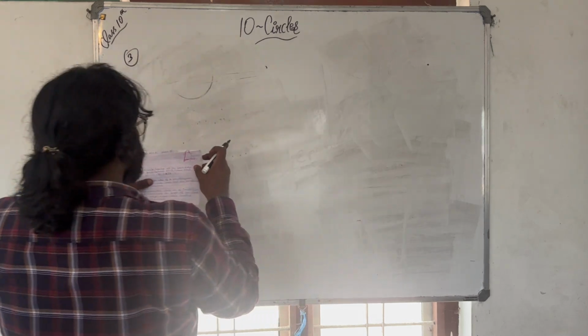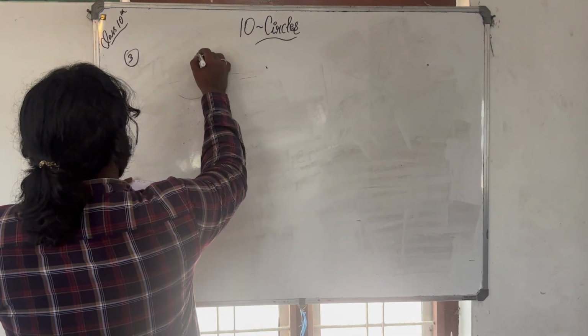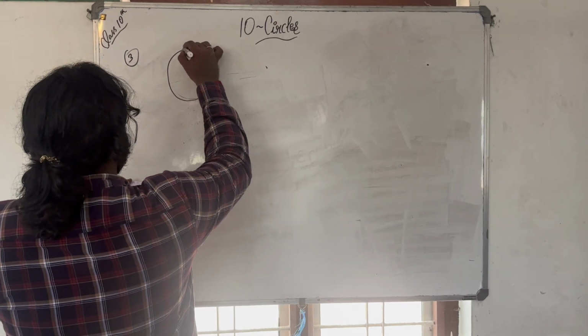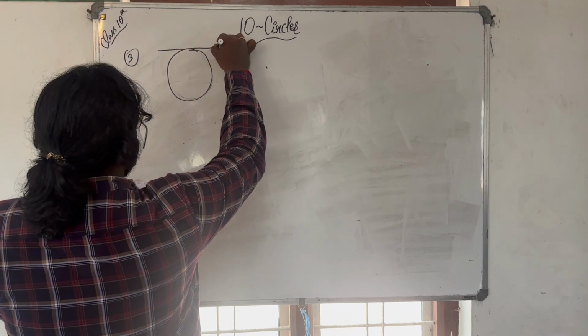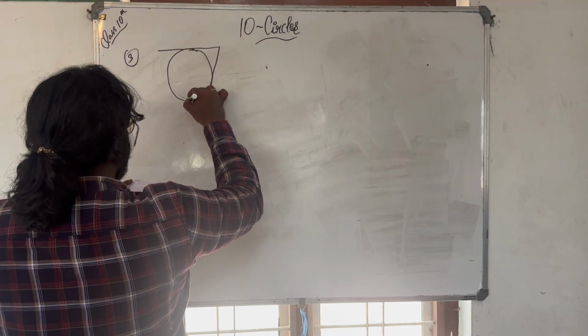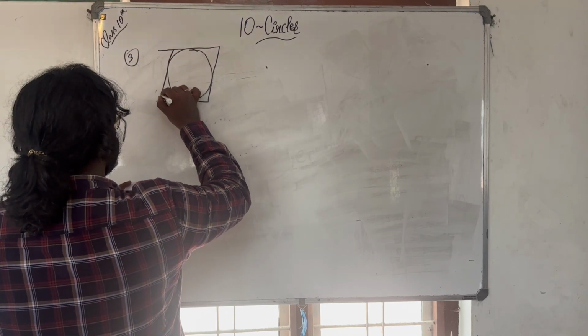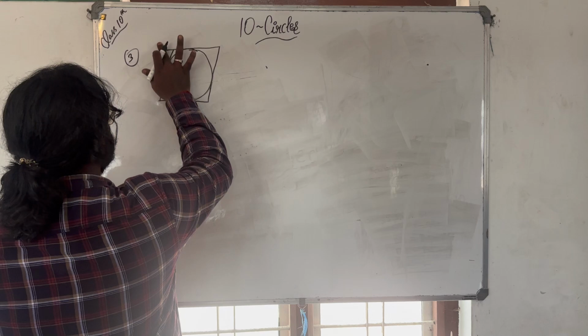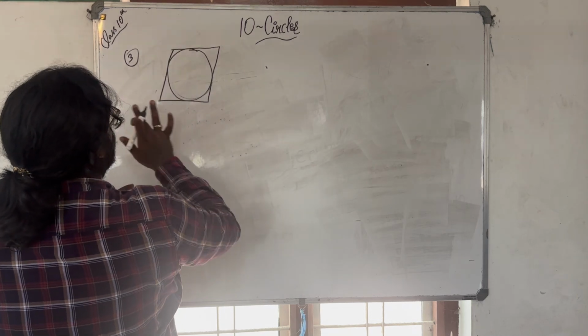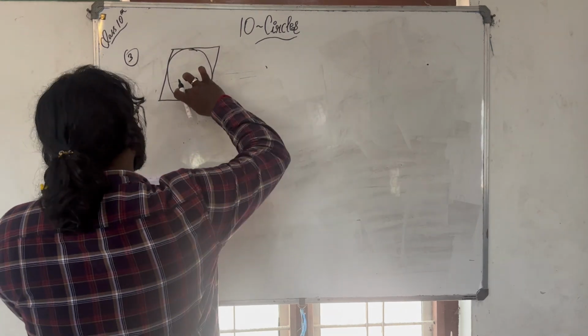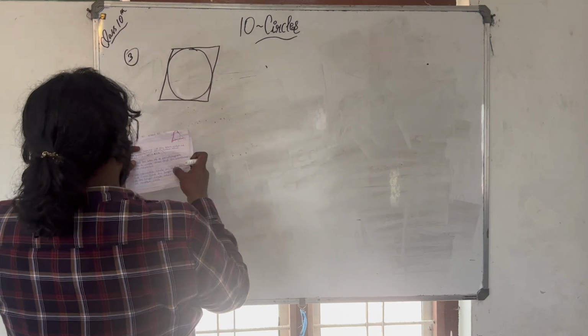A circle touches all the four sides of a quadrilateral. तो एक circle बनाएंगे. This is touching all the four sides of the quadrilateral. Fine. Like that something. Okay.